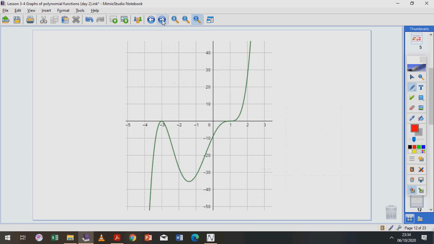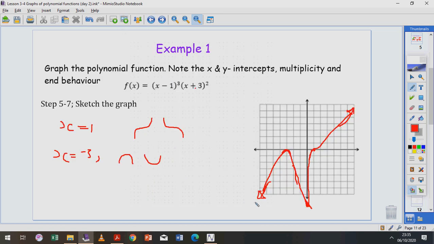general shape. I drew the same graph on a graphing calculator, and I'm just realizing how different mine is from the actual thing. Yeah, so the point that I didn't put into consideration is the symmetry of this function.